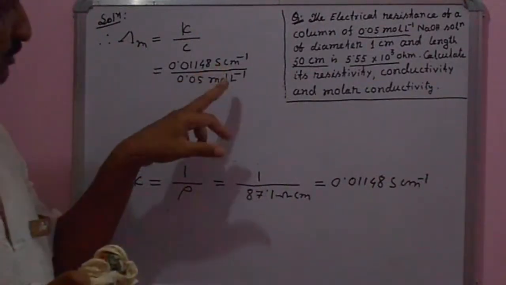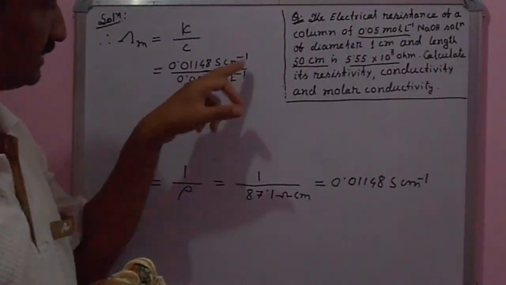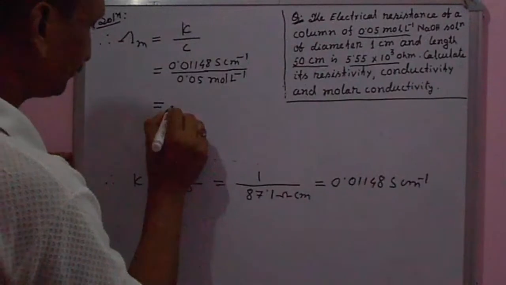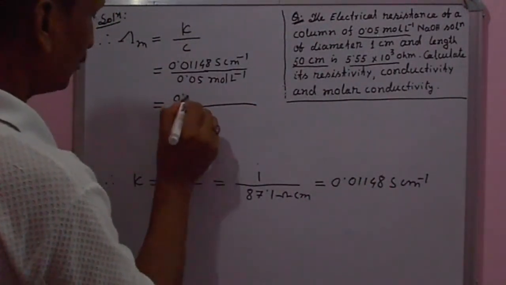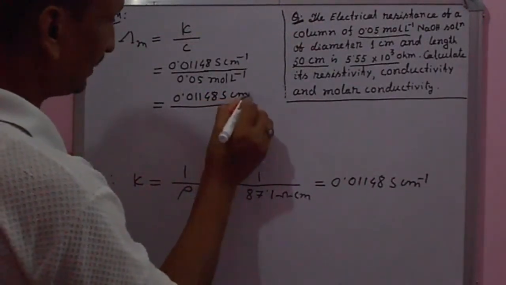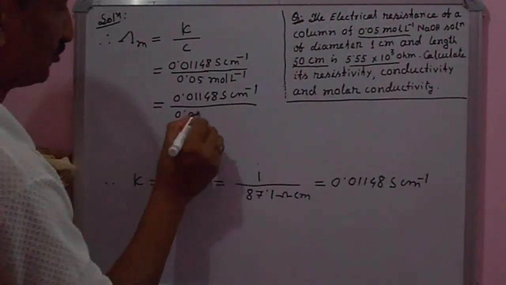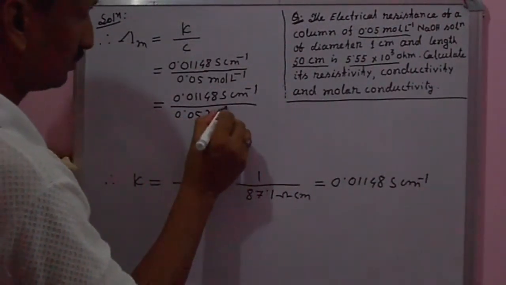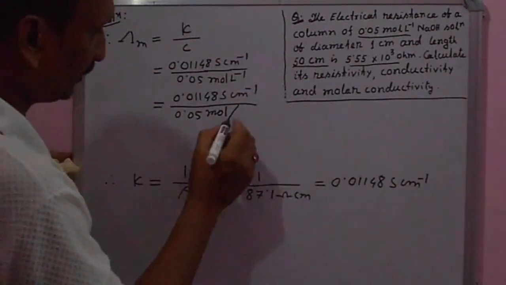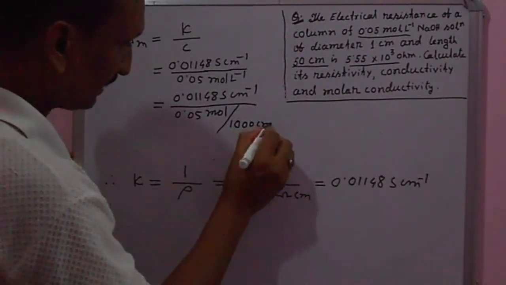Now here again we have to make the unit alike, that means we have to convert the liter into centimeter cube. So it will be 0.01148 Siemens centimeter inverse divided by 0.05 mole per liter. So liter, if you convert to centimeter cube, is equal to 1000 centimeter cube.